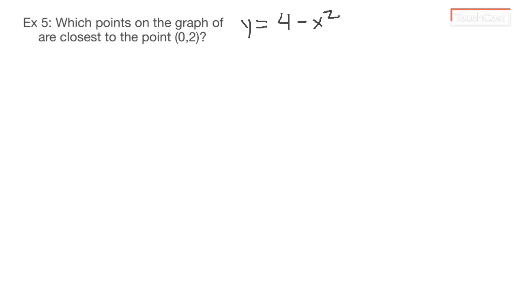So if we were to just draw a rough sketch, it would look something like this. Y, x. We know that the point 0, 2 would be roughly, maybe not exactly, but roughly right there.